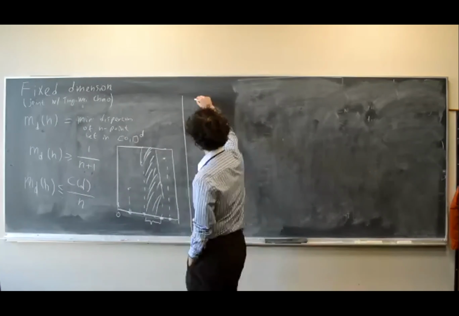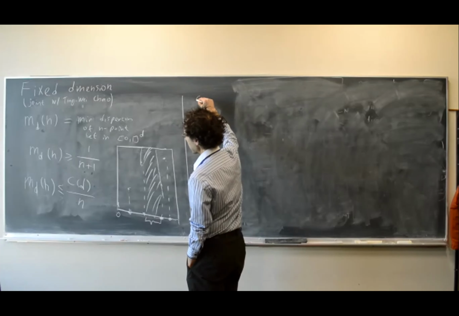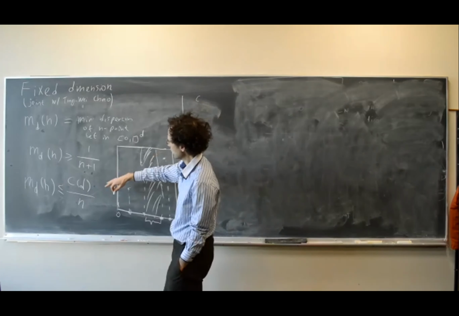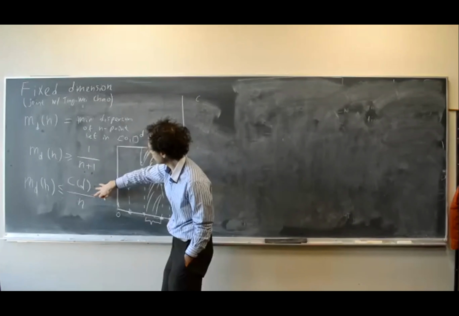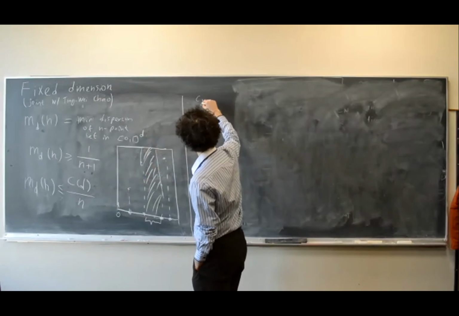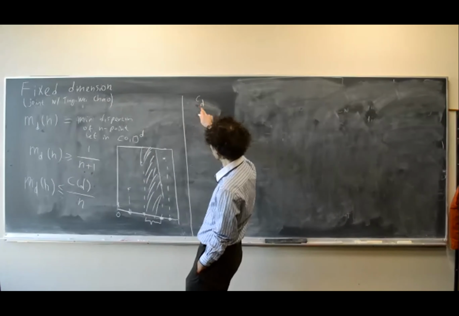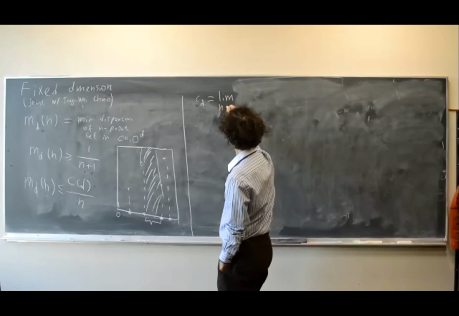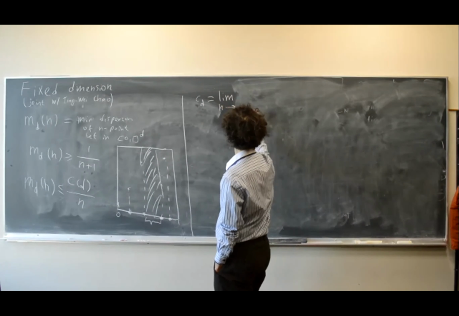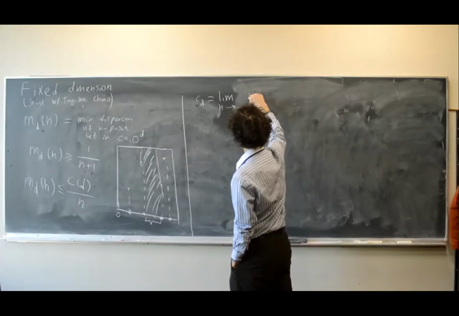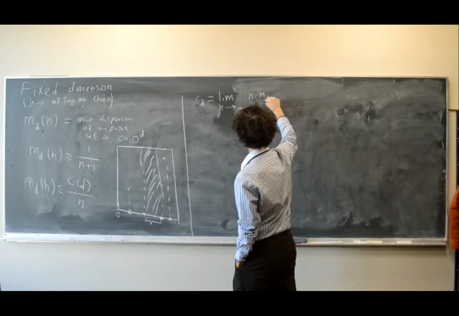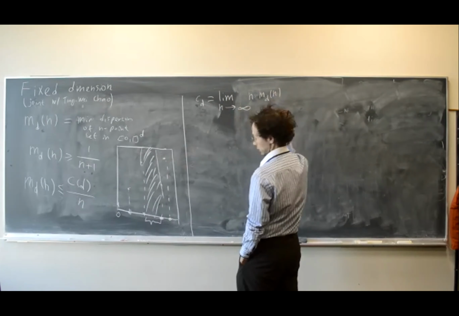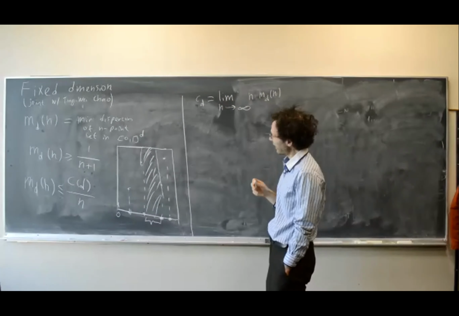What I want to mention now is that I want to look at the optimal constant, and so I will define a quantity denoted by little c of d to be the limit as n goes to infinity of n times this optimal dispersion.